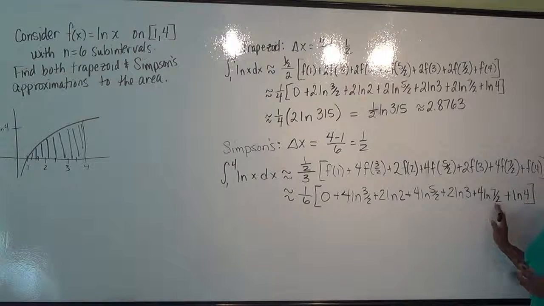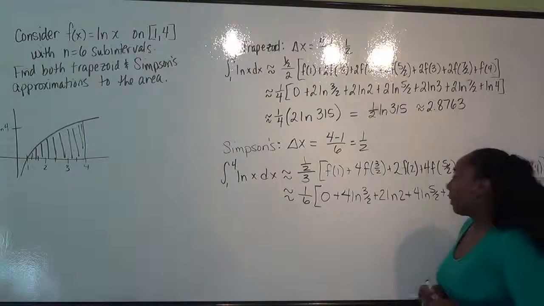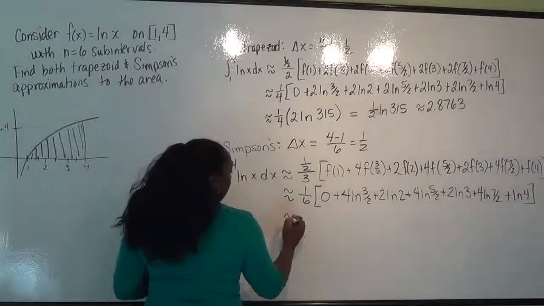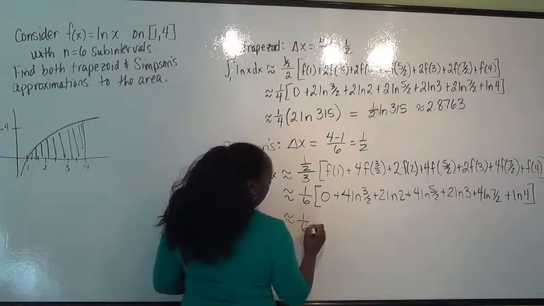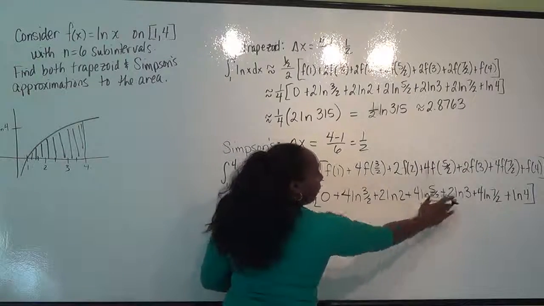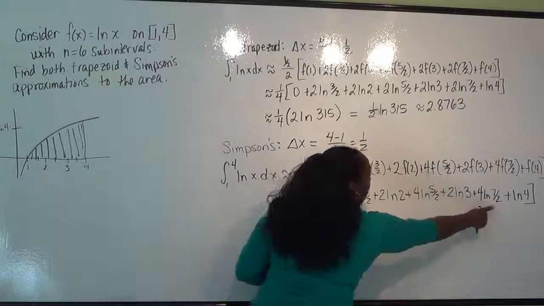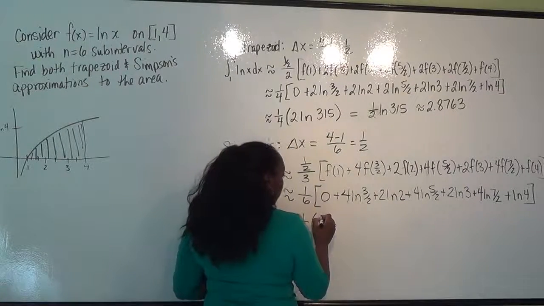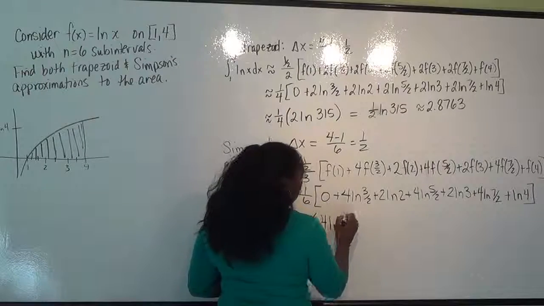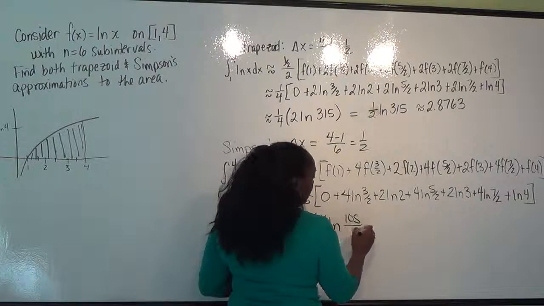So at this point, again, just like with our trapezoid rule, we can combine the like terms there. So we'll get a 1/6. If I look at all the ones with coefficient 4, putting those together, I'll get 3/2 times 5/2 times 7/2, which will give us a 4 natural log of 105 over 8.